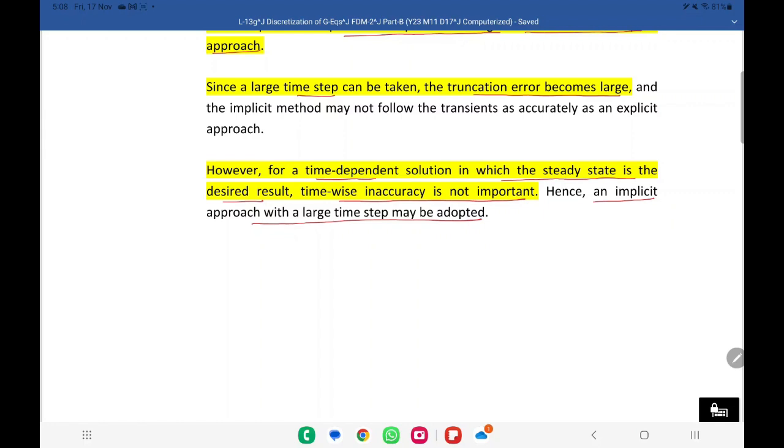When we talk about equations, we discretize the individual terms, and you get a combined truncation error and a finite difference equation. So the original equation is a partial differential equation.